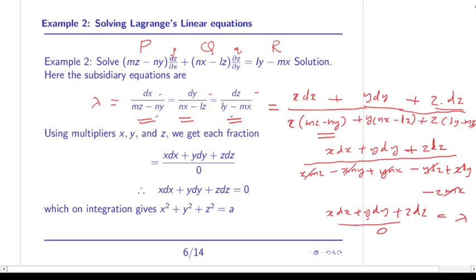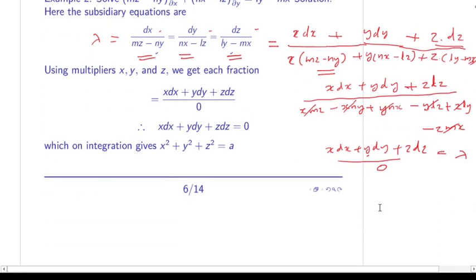That means x dx plus y dy plus z dz equal to 0. Okay, so see here you can directly get the variable separated form. So now you can integrate.